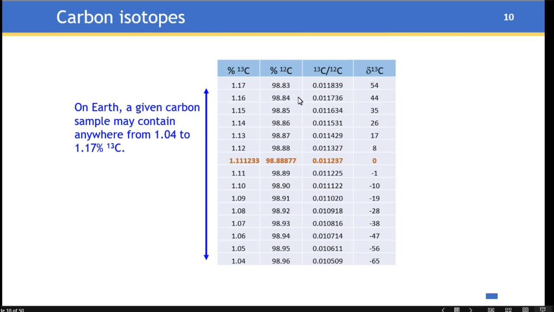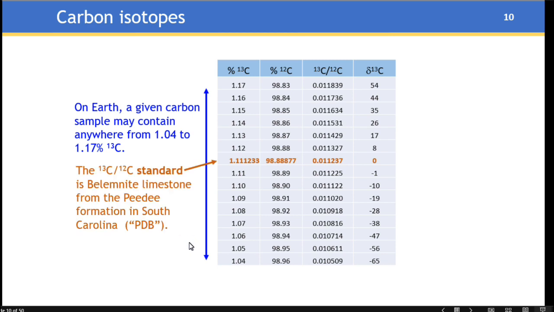But the fact that the mass spectrometer can measure these out to the 5th or 6th decimal place means that we can make hay out of these very similar ratios. They are very significant and are characteristic of all kinds of different physical and biological processes.